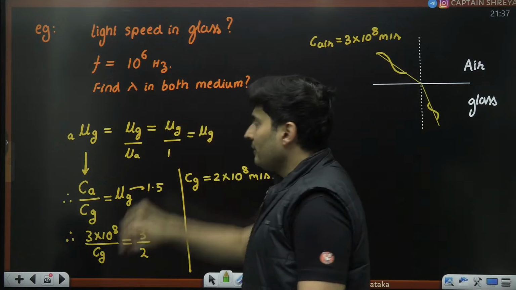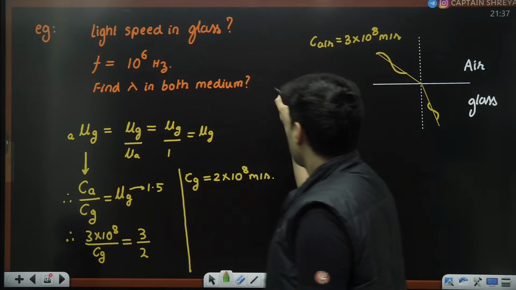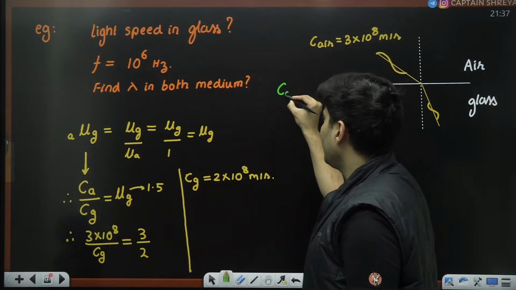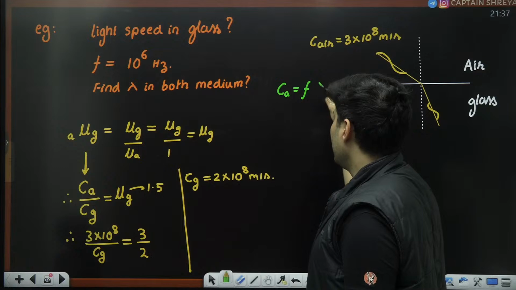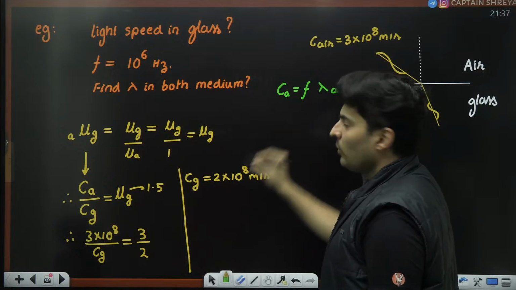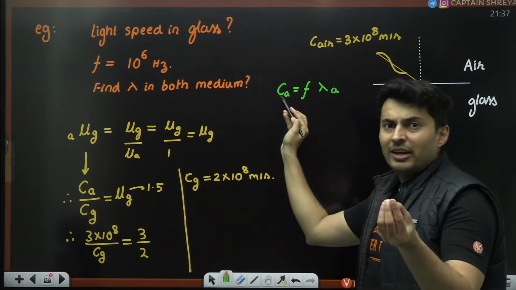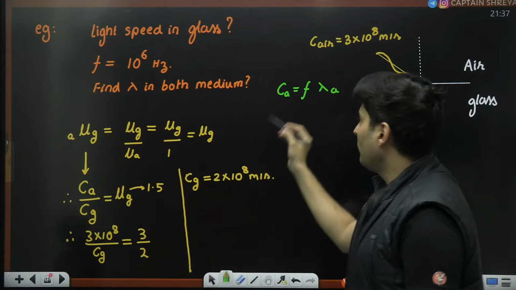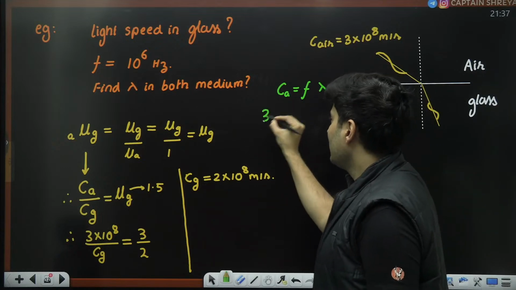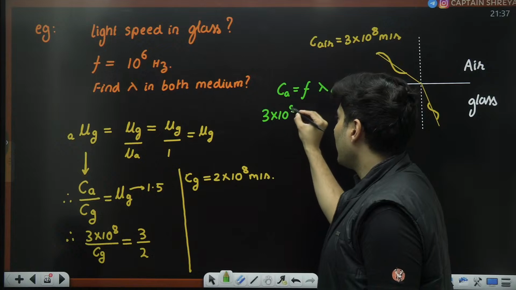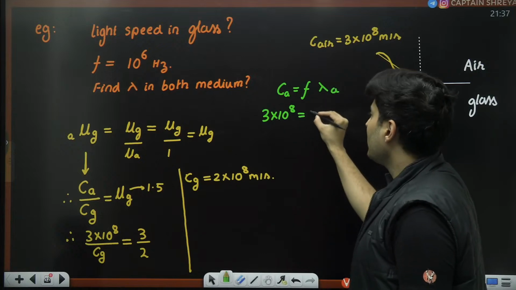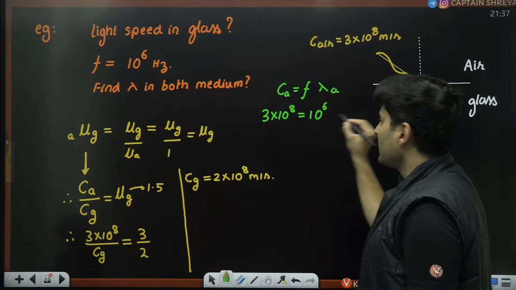Now we have to find the wavelength in both the mediums. So one thing is very clear, speed of light in air will be frequency into wavelength of light in air, because wave speed is frequency into wavelength, standard formula. Speed of light is 3 into 10 to the power 8. Frequency is 10 to the power 6.